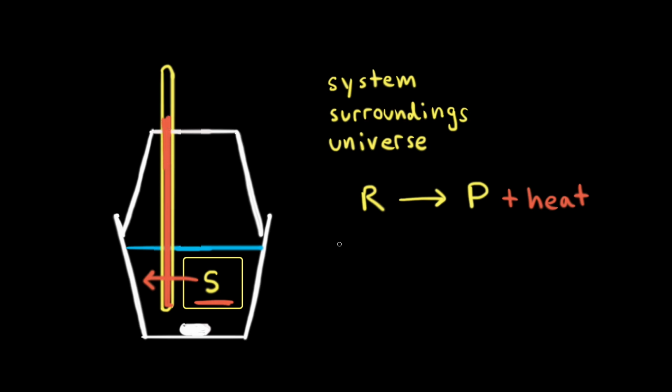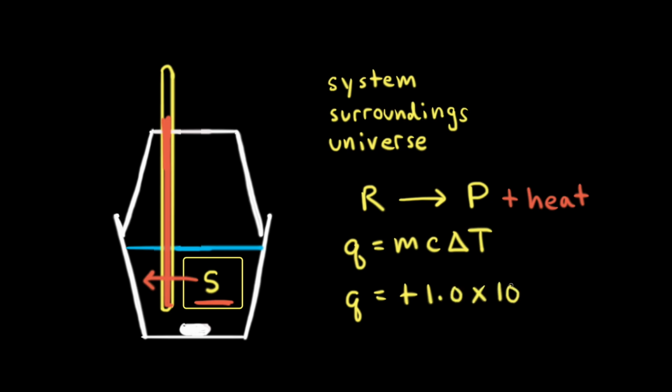Next, we could calculate the heat gained by the water by using our Q = mc delta T equation. Let's say Q is equal to positive 1.0 times 10 to the second joules. The positive sign means that the water gained energy.